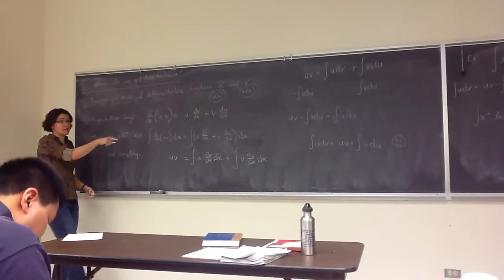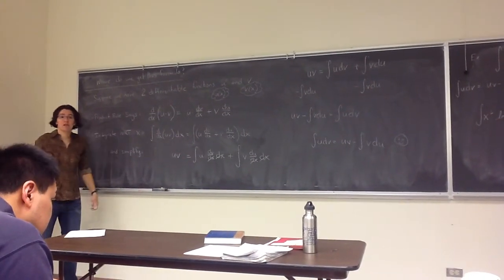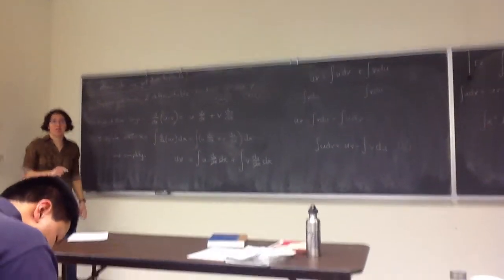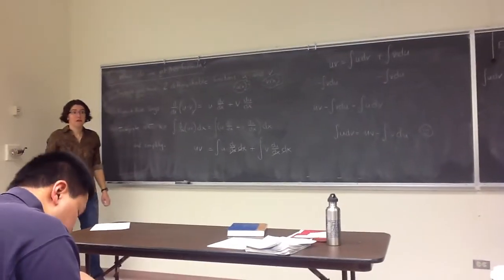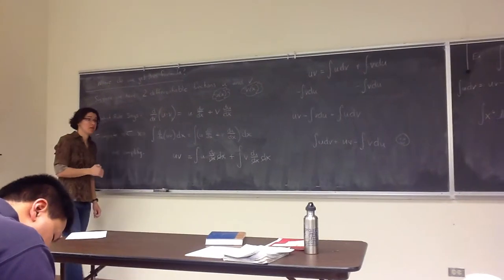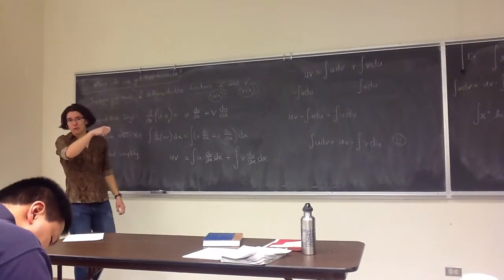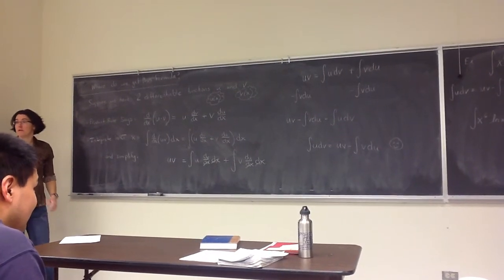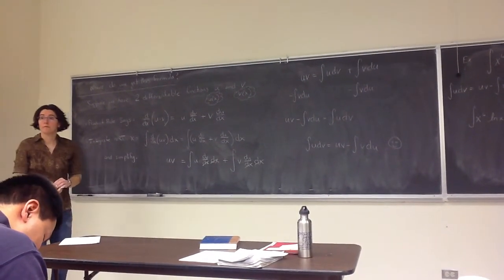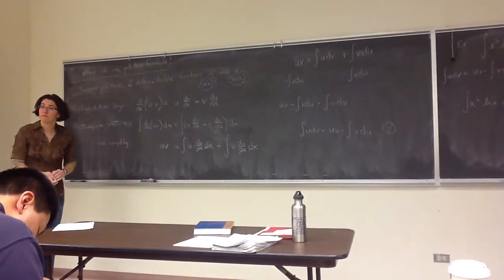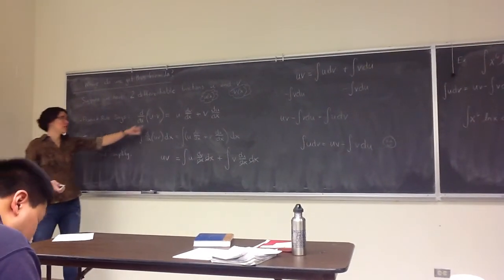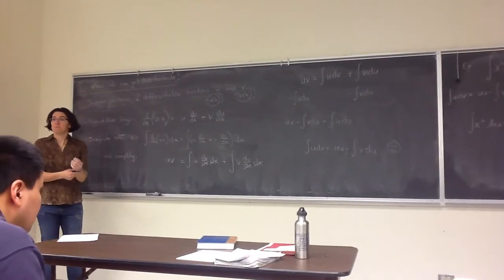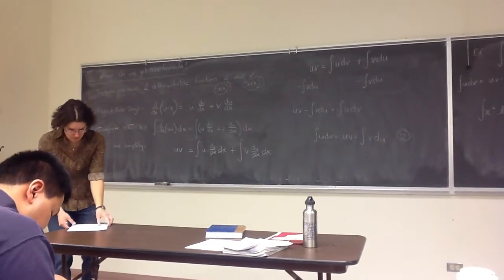So you should take this home and talk to your spouse, talk to your friends, tell somebody about where integration by parts comes from. If no one will listen to you and your dog won't even listen to you, take a whiteboard marker and write it on your bathroom mirror so that when you're brushing your teeth you can look at it and think about it. So it's just the product rule: multiply the functions, take the derivative, then integrate and simplify. And it gives you that cool formula.